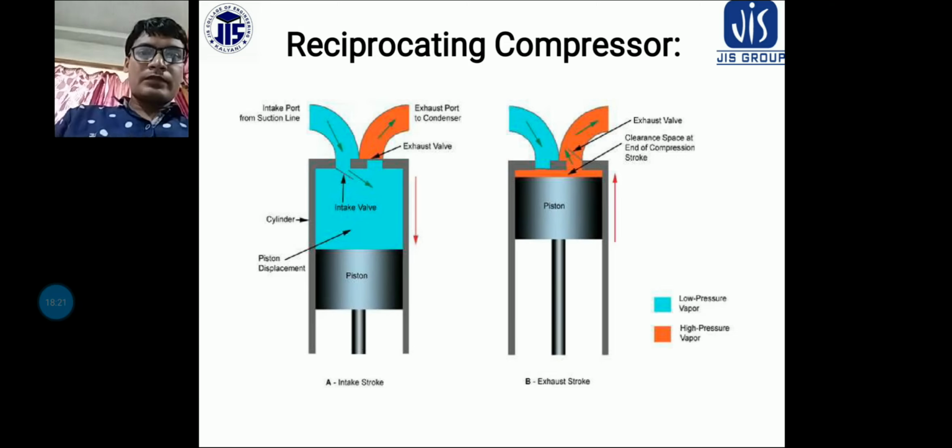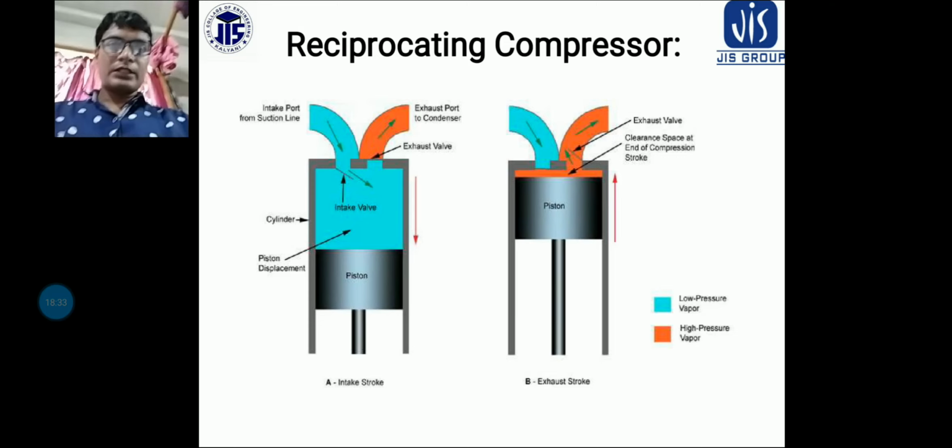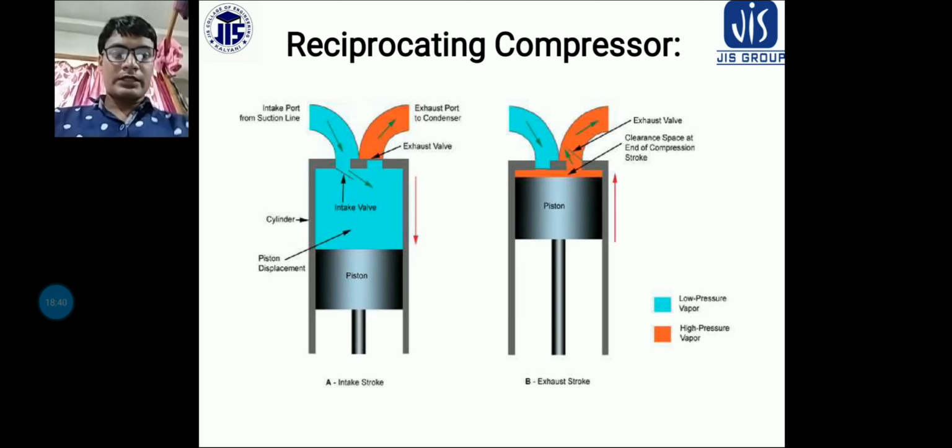Now there is some basic terminology you need to know in case of a compressor. First of all, the suction pressure. PS is denoted as suction pressure, and what is that? It is the absolute pressure of the refrigerant at the inlet of the compressor.